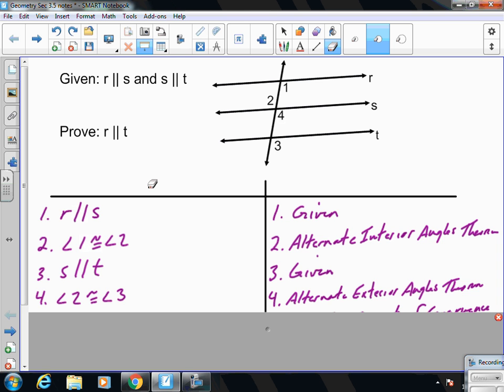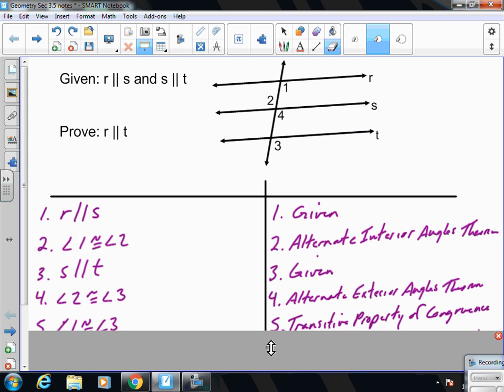So now if we look at what we've got, besides the lines being parallel, we've got that angle 1 and angle 2 are congruent, and angle 2 and angle 3 are congruent. So if 1's congruent to 2 and 2's congruent to 3, then 1 and 3 would have to be congruent to each other by the transitive property of congruence.